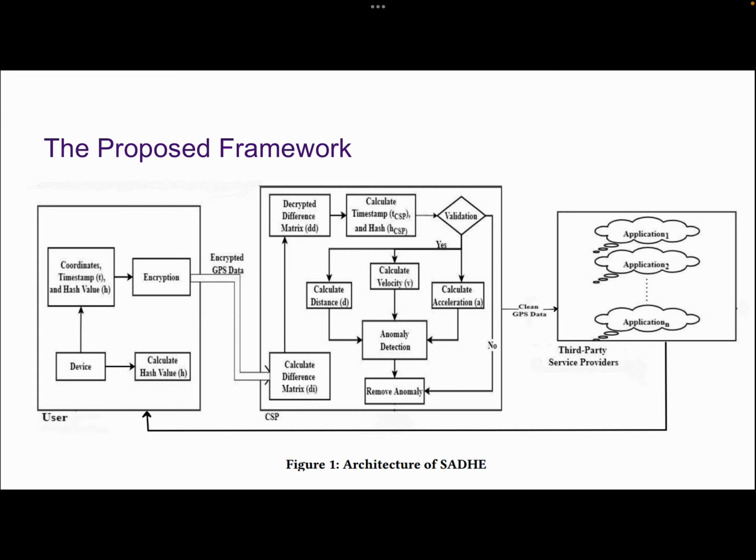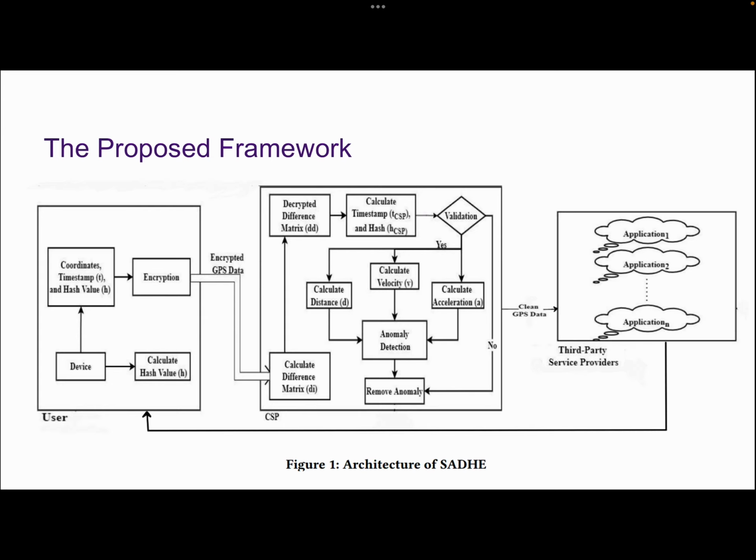If the hash value that is received and the hash value that is computed match, that means that data integrity is maintained. After the validation phase, different parameter values are computed, for instance, the distance, the velocity, and the acceleration. Distance is computed using the traditional Haversine method with some approximations.